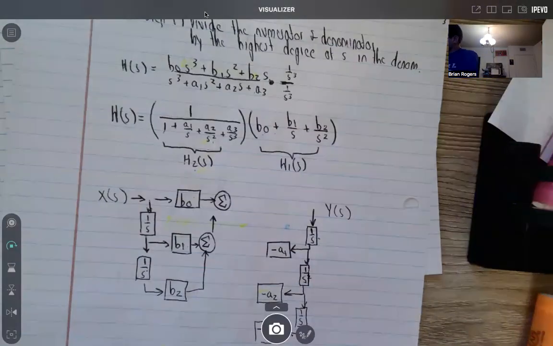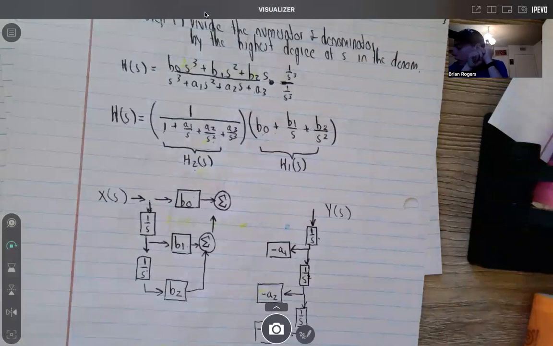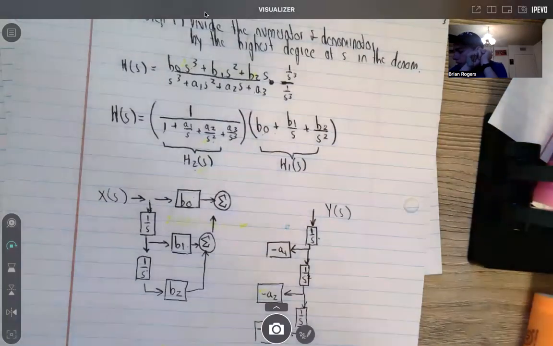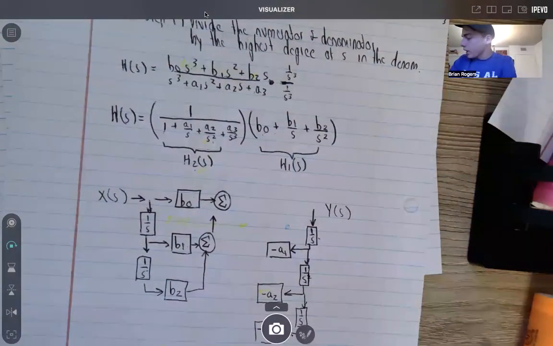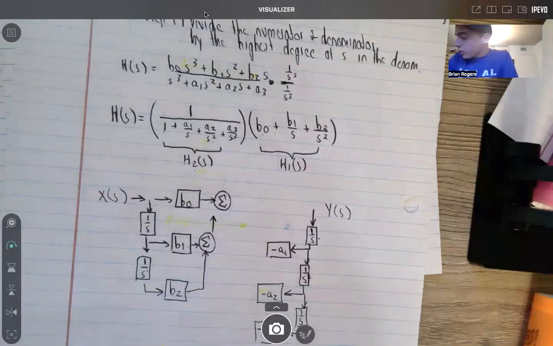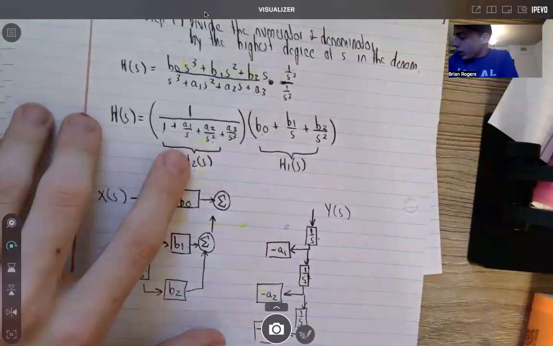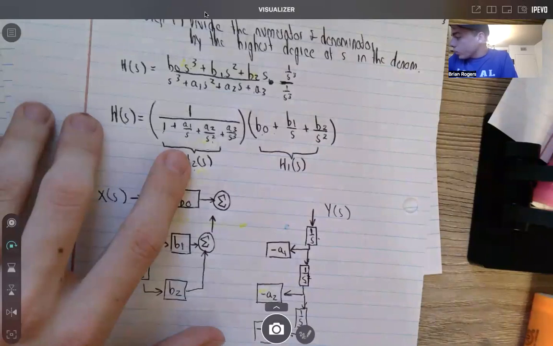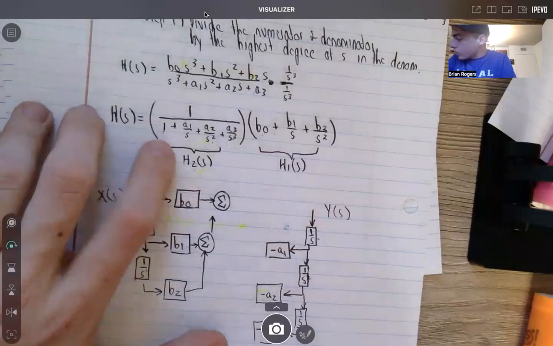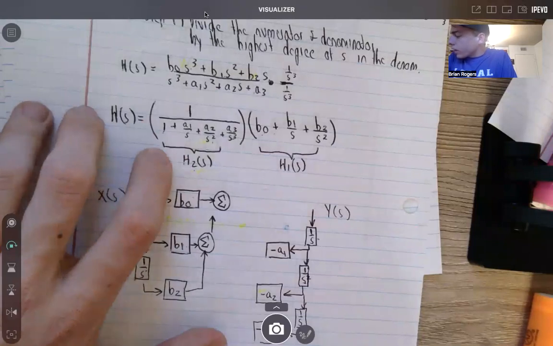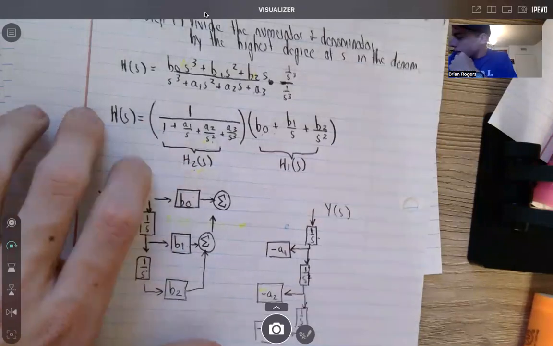And so then that brings an important question here, where what we did in order to get specifically what we wanted is, if you look at the derivation in particular of our H2 of s, this format, we can see that H2 of s is going to be equal to our 1 over, and then this large fraction down here.